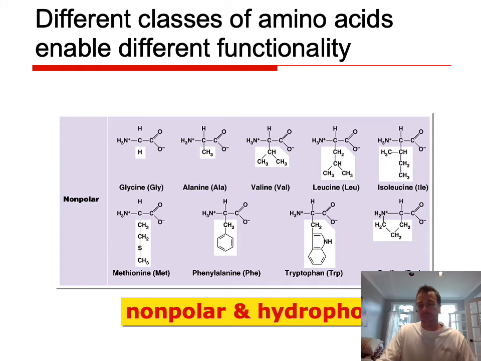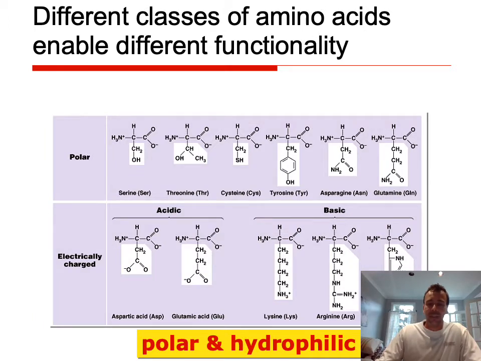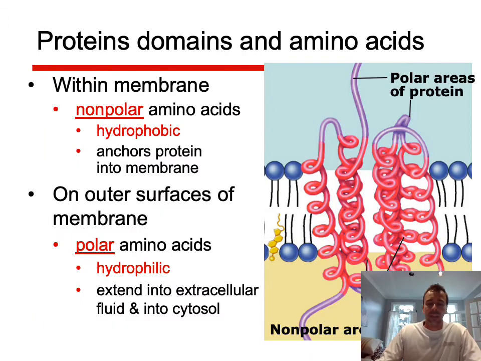As we've talked about before, there are different types of amino acids that give protein structure. The important ones for this lecture are really the nonpolar and hydrophobic, as well as the polar and hydrophilic. The reason for that is the nonpolar hydrophobic ones are within the membrane, whereas the polar amino acids are pointing inside and outside the cell.